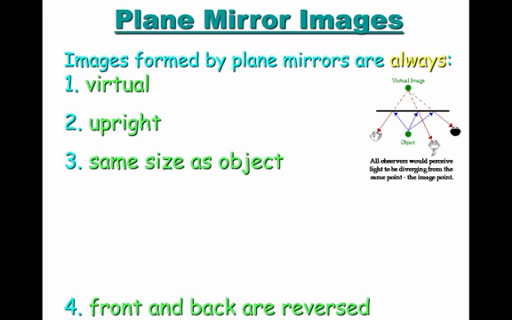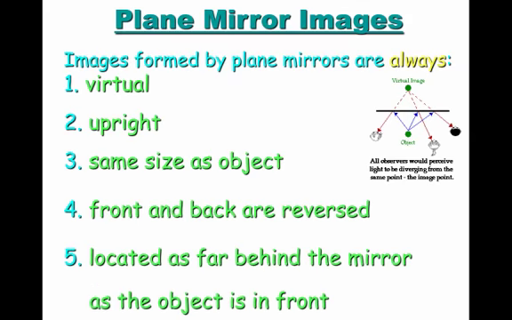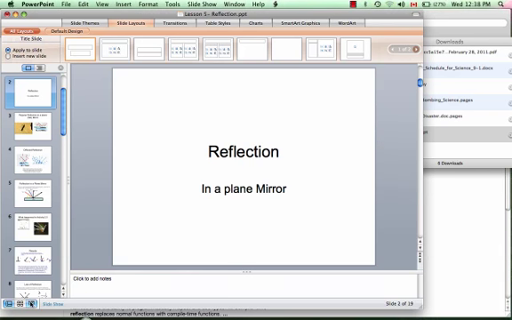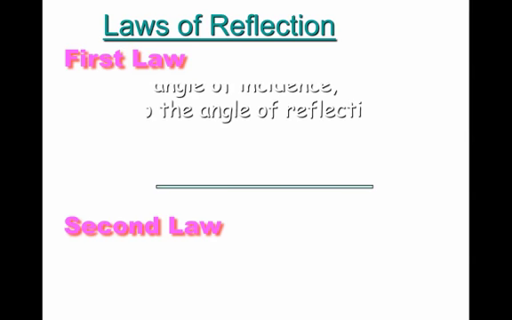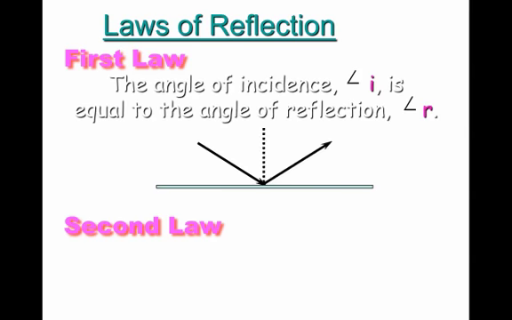So an image will always be upright, not upside down. It'll be the same size as the real.